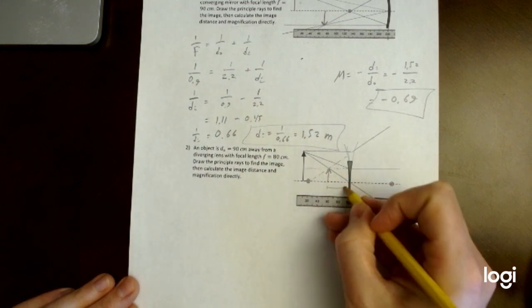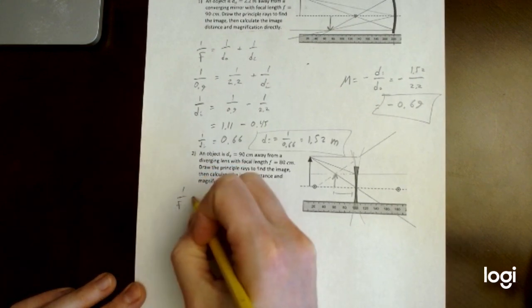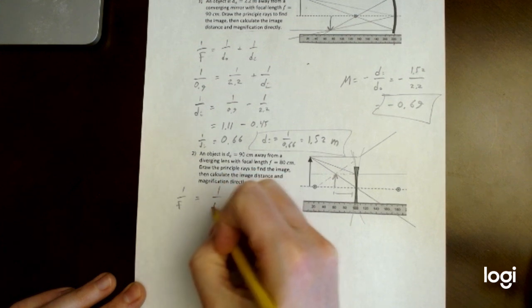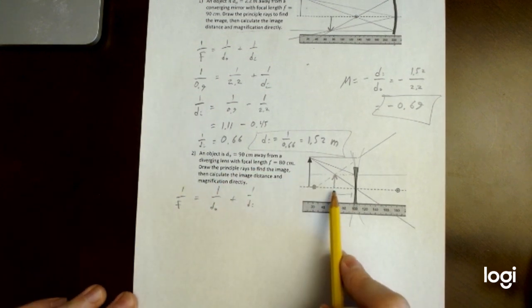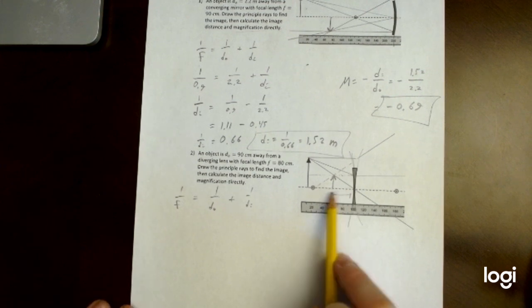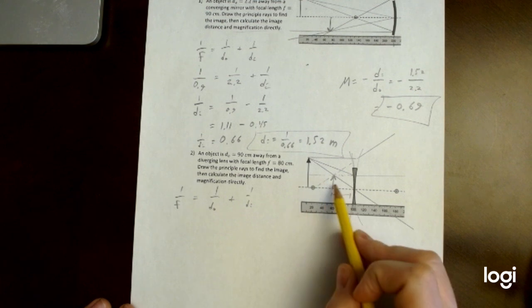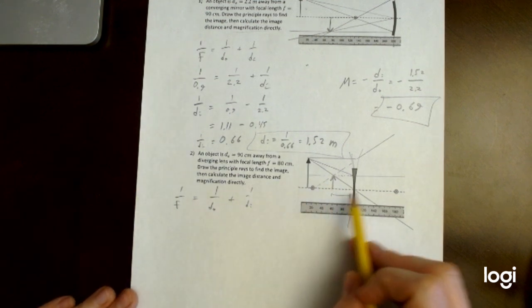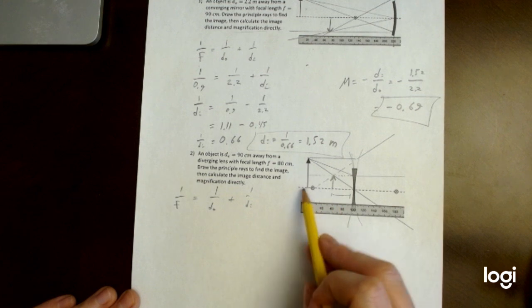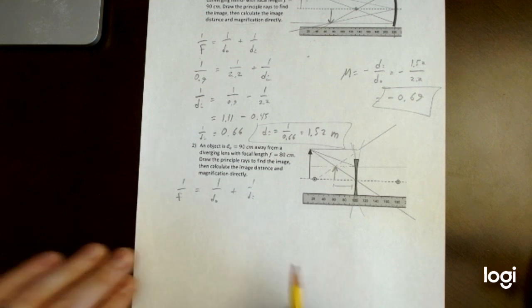But to figure out this exact image distance here, again, we're going to use this formula. Here, our image distance will likely be negative because it's a lens and it's forming on the same side of the lens as the object. But we'll also have a negative focal length because we have a diverging optical device here.